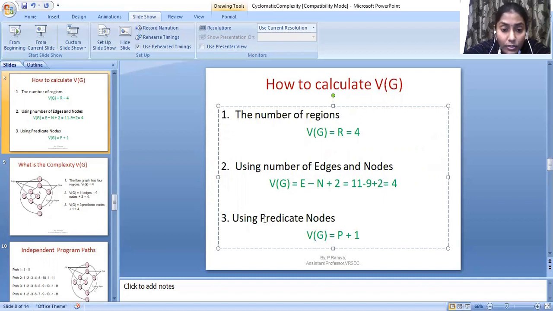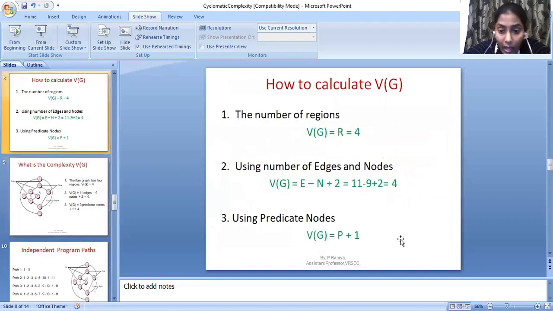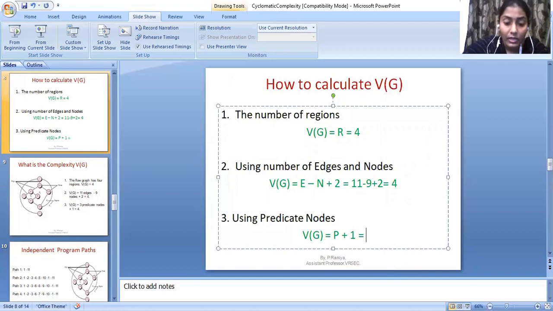And the third way is to calculate the complexity with the help of the predicate nodes. In our example, there are 3 predicate nodes as we discussed: node 1, node 3 and node 6. And our formula is predicate nodes plus 1 will be the complexity.